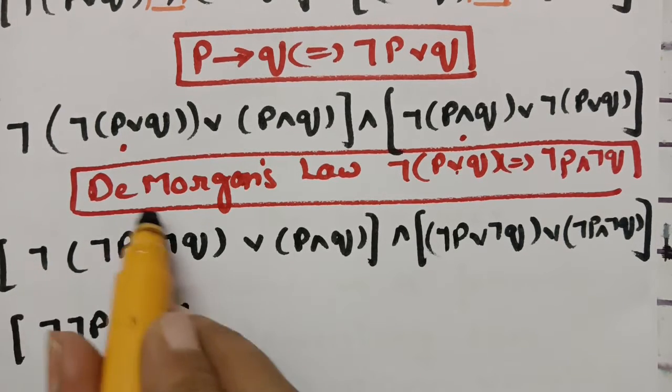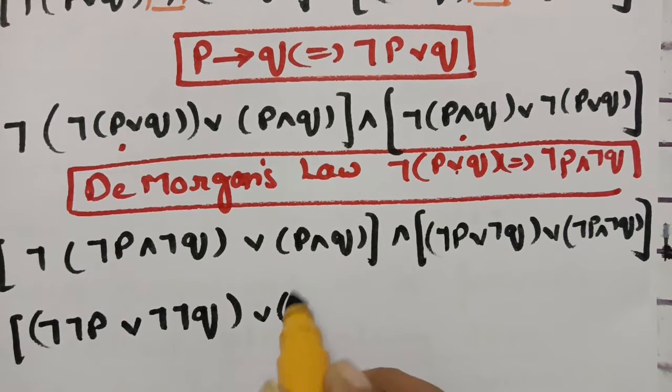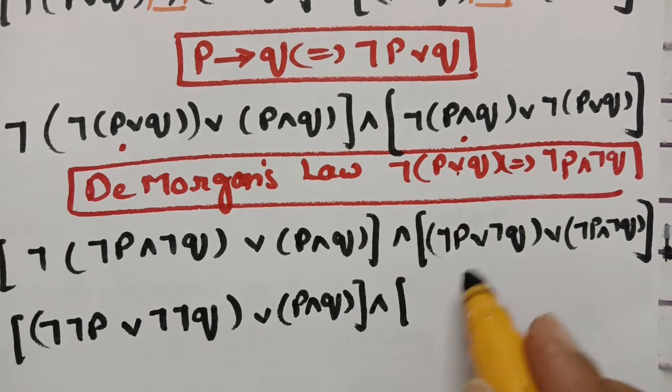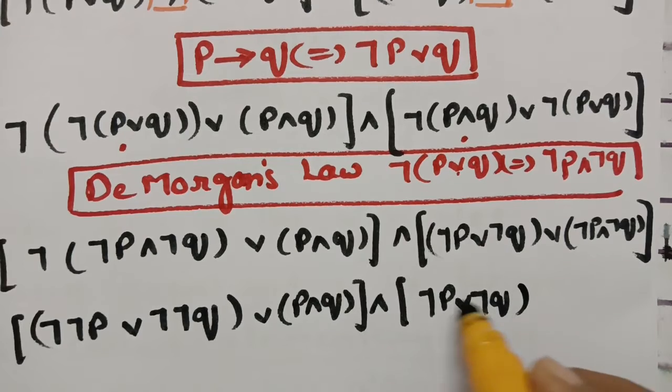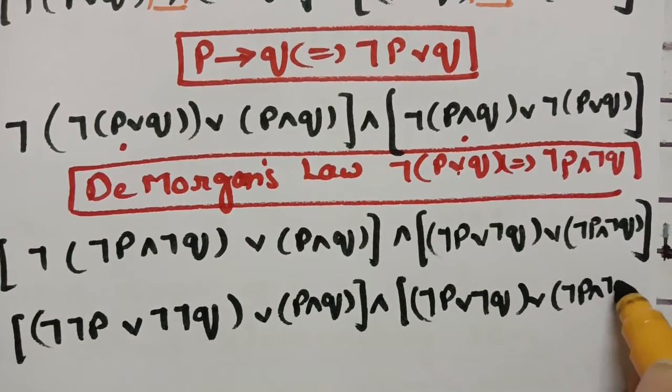So this is negation of negation Q, or P and Q, and next one, and this is as it is: negation P or negation Q, or negation P and negation Q.